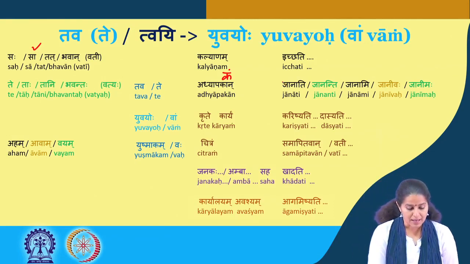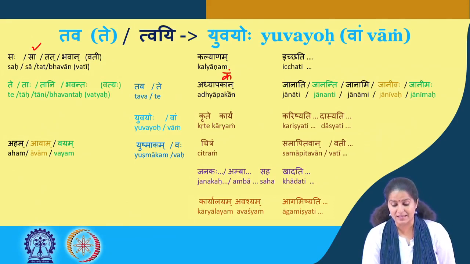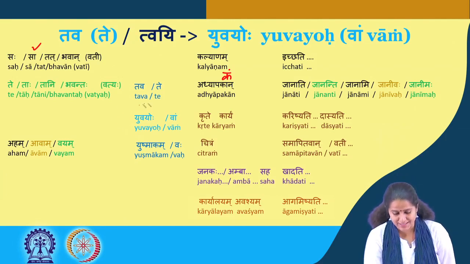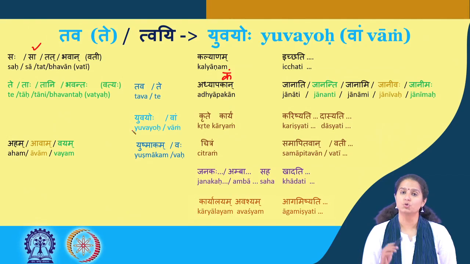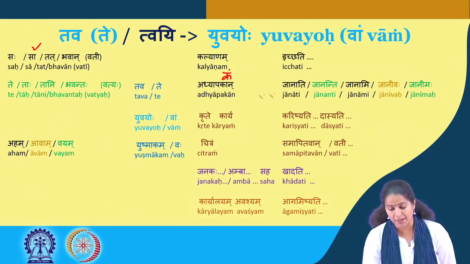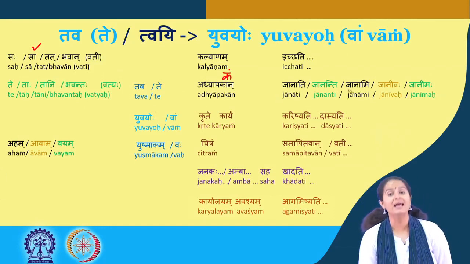So, what we'll do next is we'll just practice the verb forms here. And how do we do that? We'll do it with each of them there. So, tava or te adhyapakan janati, and then the green goes with the green, and we'll use next the form of the dual case. So, we'll do te yuvayoho adhyapakan jananti, not janati, but jananti. Next, aham yuvayoho adhyapakan janami.